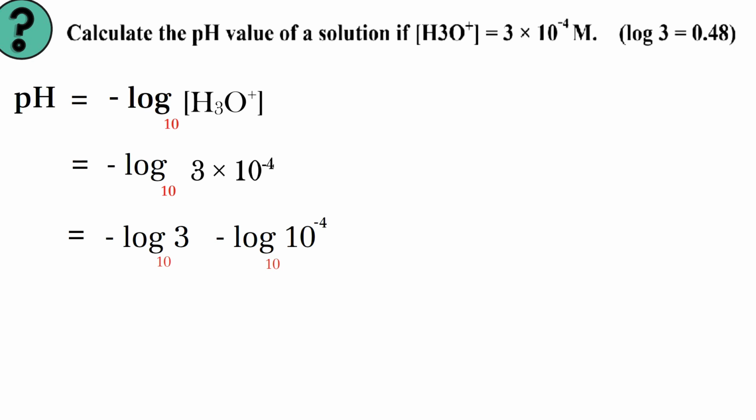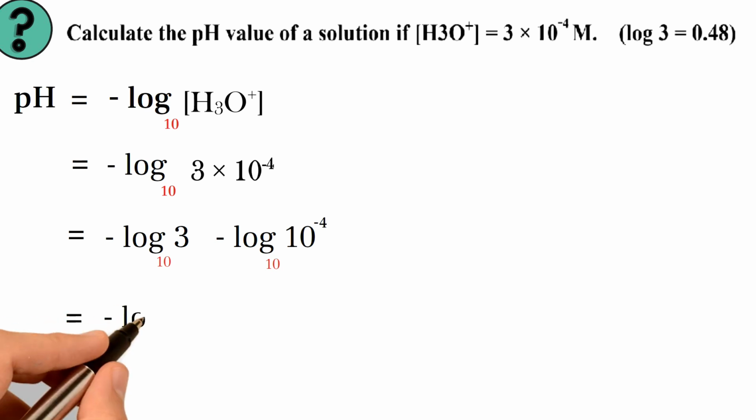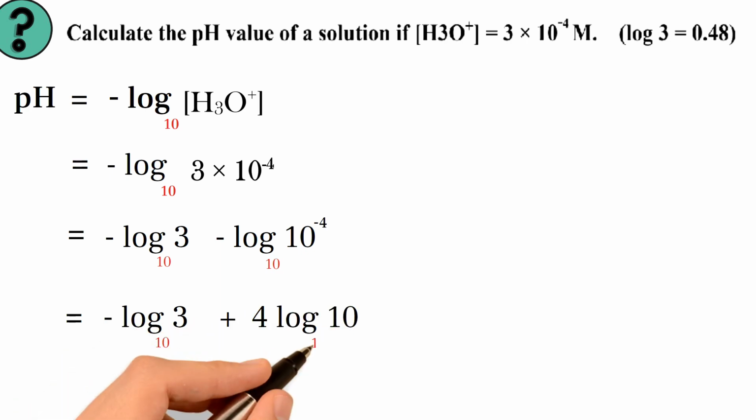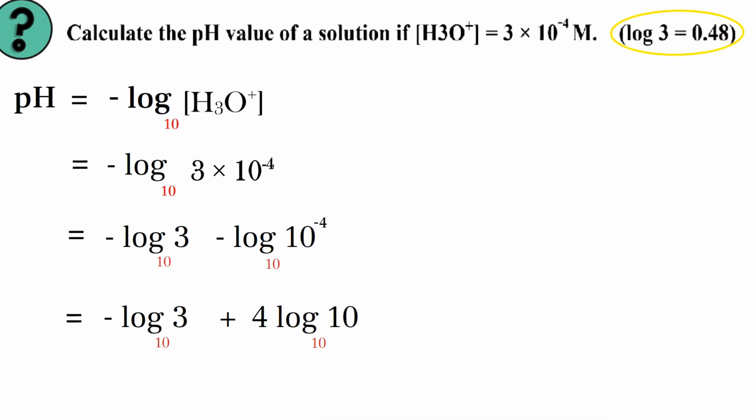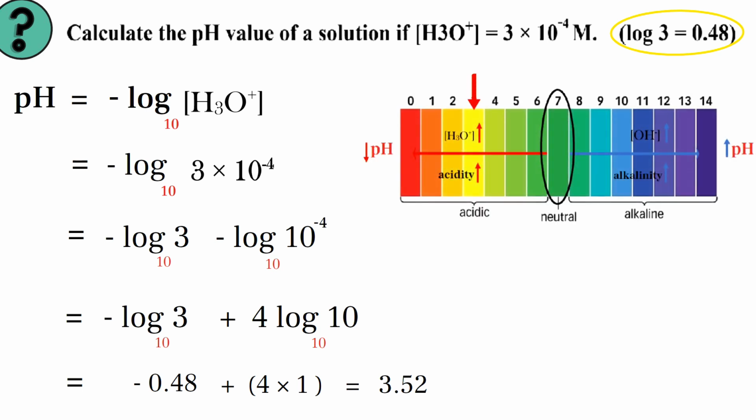By lowering the exponent with attention to the signs, then substituting the value of the logarithm of 3, and as we have mentioned, the logarithm of 10 to the base 10 is equal to 1, as we see. By performing the calculation, we get that the pH value is equal to 3.52, which indicates that the solution is acidic.